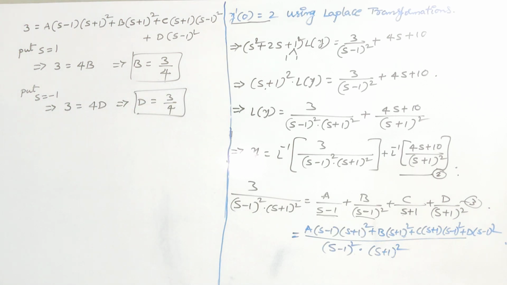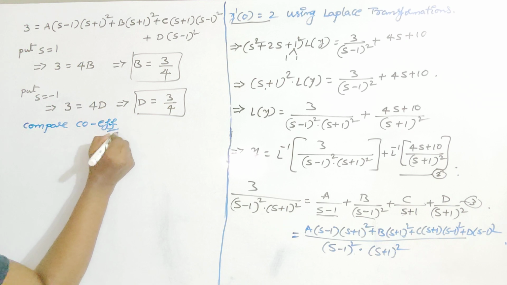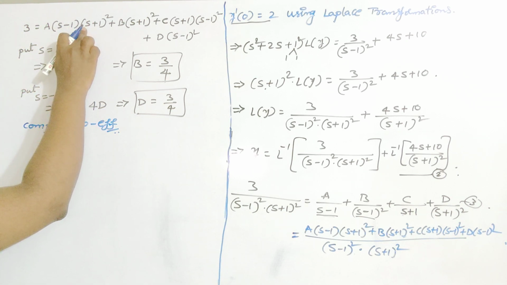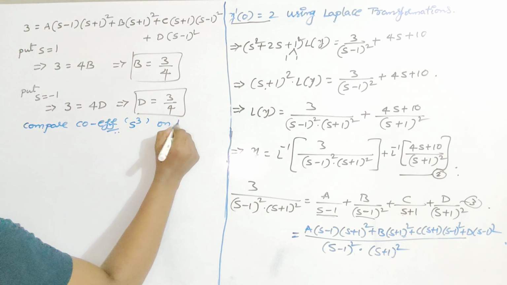Okay. Now for the a value, we should compare the coefficients of like terms. So compare coefficients of, what is the highest degree term on the left side and the right side? s into s square, it would be s cube. s cube is the highest degree term on both sides.